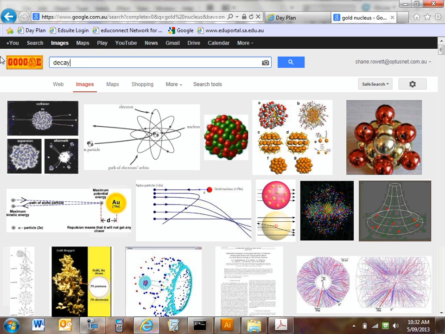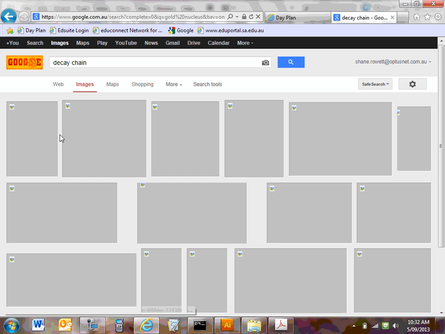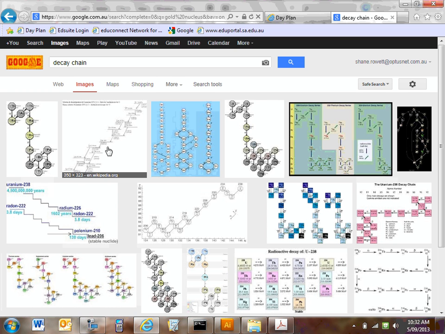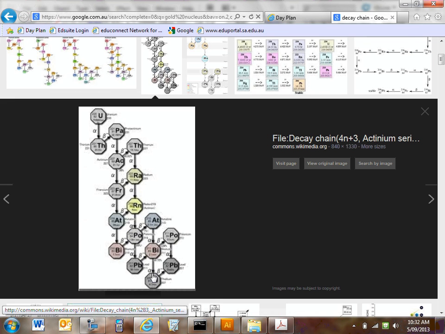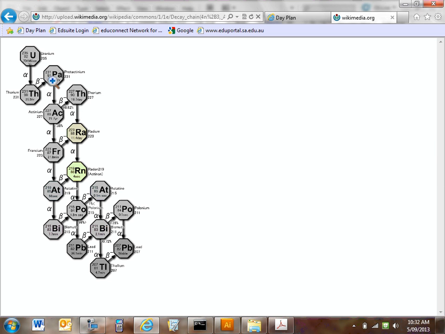We'll get one. There might be a uranium one here. This is incidentally how they do radioactive dating. I think this one is here. So here it is. Decay chain. We go from uranium, some isotope of uranium.